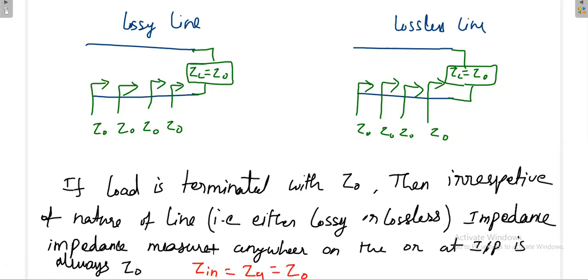So an important conclusion. Similarly, what happens if you have a short circuit line, where the load impedance is 0 ohm? What happens to the input impedance of the line?